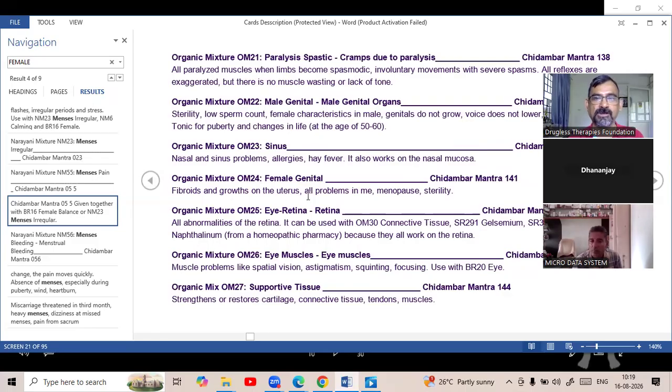Fibroid growth on the uterus and all problems in the menses and menopause. This is the remedy, OM 24.